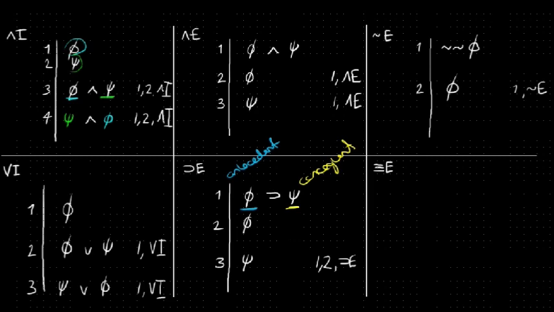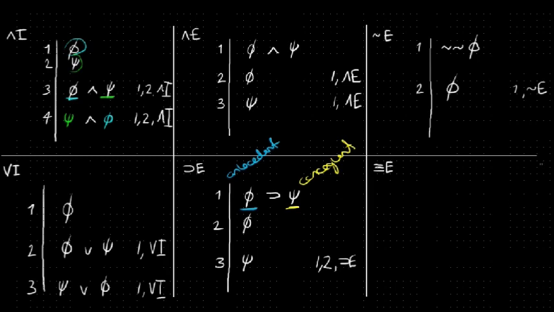The antecedent implies the consequent or entails the consequent in some way. So if we know a conditional statement and we know its antecedent, then of course we can derive its consequent because the antecedent implies that consequent. So phi then psi, phi therefore psi, and again our rule will just be to cite both of these lines and the conditional elimination rule.